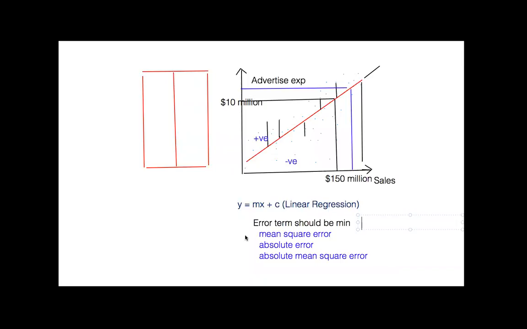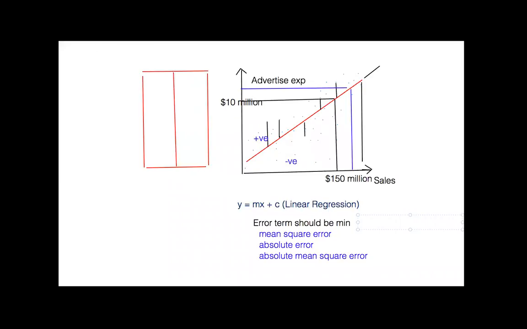Once you run the model in R or SPSS, they'll give you various errors: mean square error, mean absolute error. Whatever you want to consider, you can consider it. Absolute means they take only the positive value, not the negative value. So obviously if they're taking only positive, then the magnitude of it will be more.